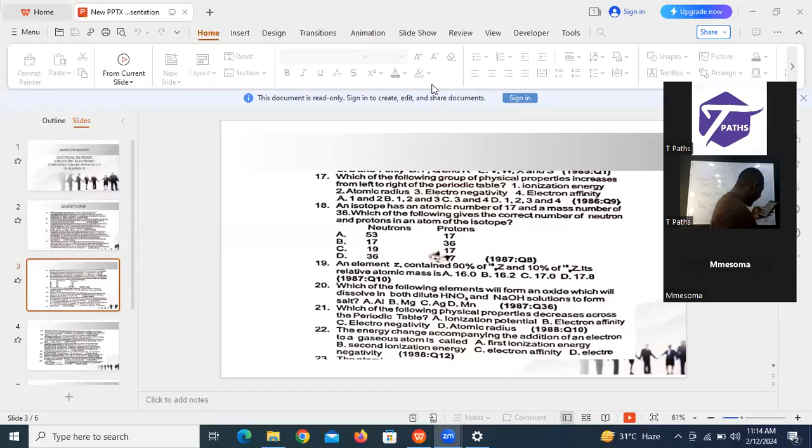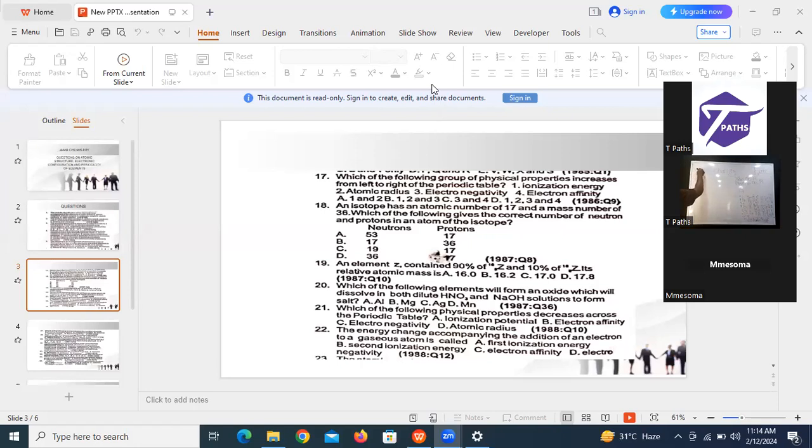An element Z contains 90% of 16/8 Z and 10% of 18/8 Z. This is a very good question, a very common question in JAMB. Let's do that together.